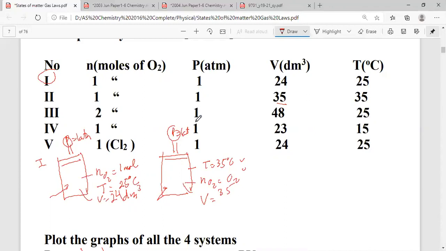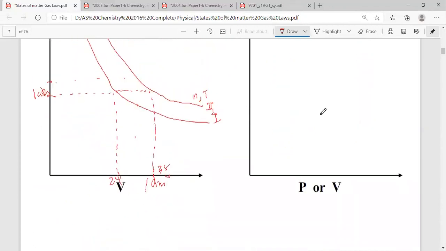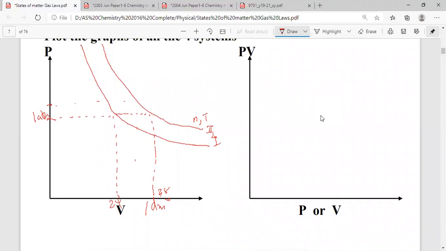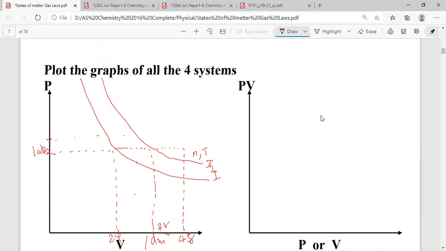How will it look on the graph of Boyle's Law? At 1 atmosphere, 48. Of course, it will follow Boyle's Law, so it will be like that. It must hit here. This is experiment 3.